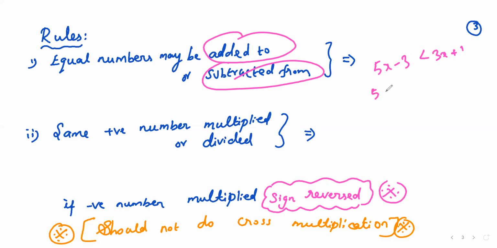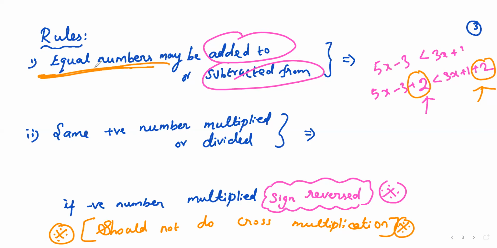On both sides you can add equal numbers. If you add 2 on the left side, you have to add 2 on the right side also. Both sides, equal numbers. The same way, plus or minus.